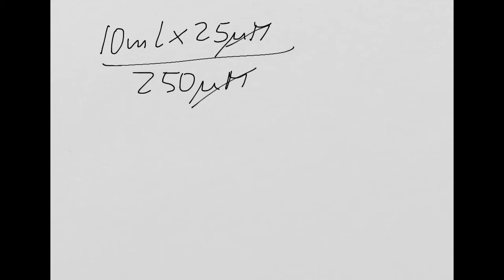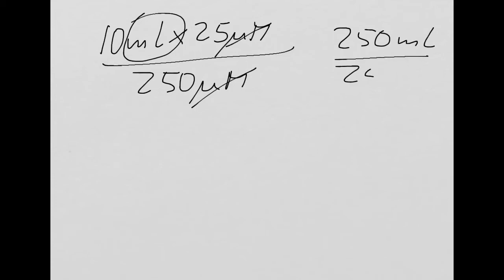And all I have left is the unit milliliter, which is exactly the unit for the volume. So I've got 250 milliliter divided by 250. So I want 1 milliliter of my stock solution. And that's the answer.